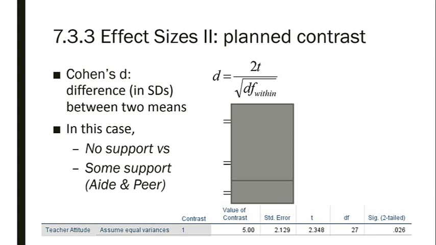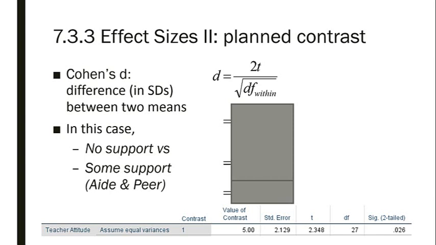And you can recall from our descriptive statistics table that the no support mean was 10.4 with a standard deviation of 2.875. If you input those means and standard deviations into an online statistics calculator, like the Daniel Soper statistics calculator, what you get is a Cohen's d effect size of 0.874.